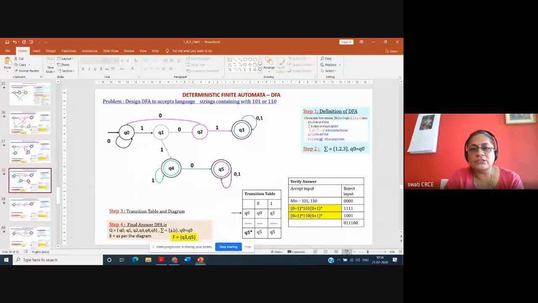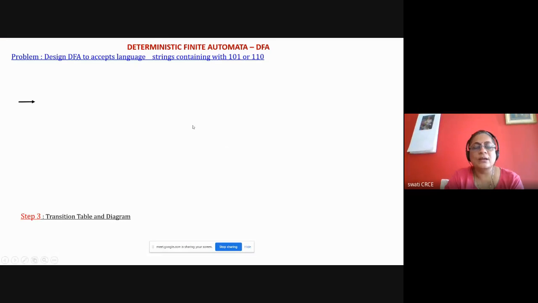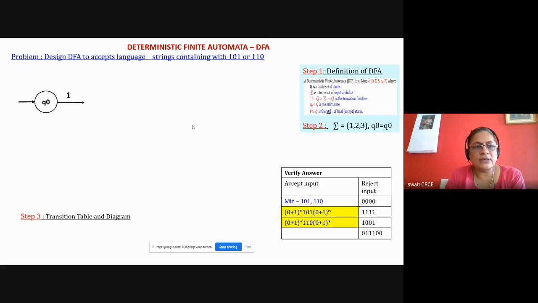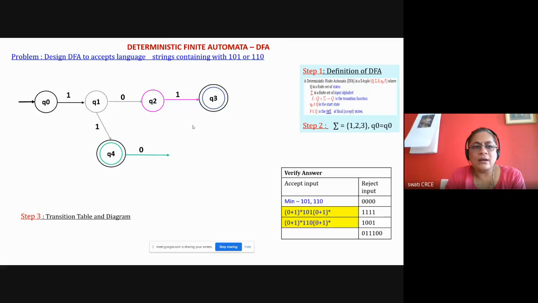Strings containing 101 or 110. So they are saying that the string will contain 101 or 110, anything. It should be accepted. So what I'll do is that for 101, I'll draw the diagram. Then for 110, I'll draw the diagram. And Q5 is the final state. This is not a final state.